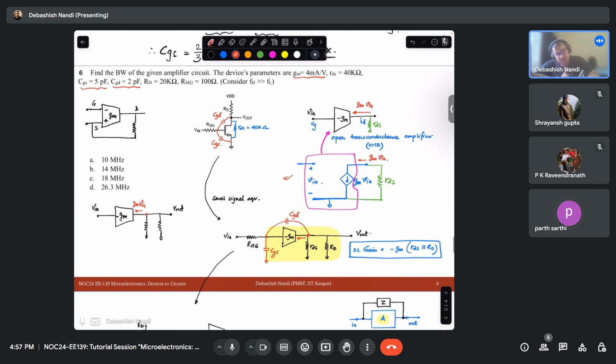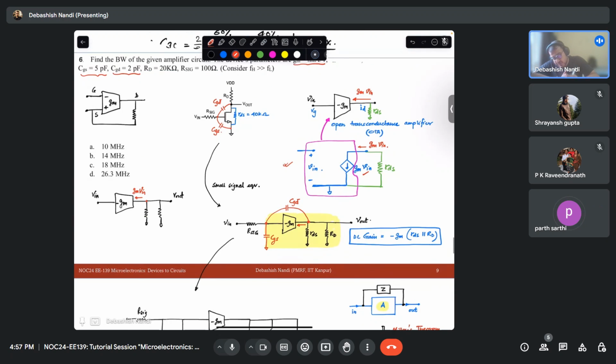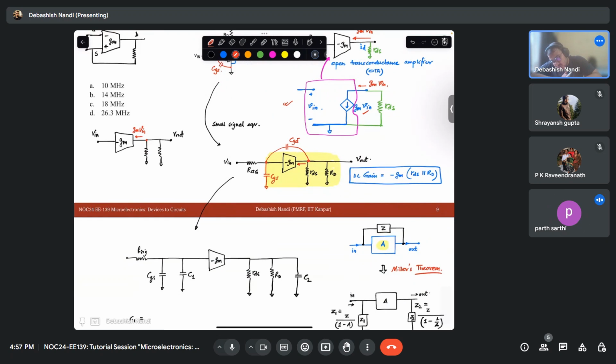We have discussed, no? Yes, sir. So this current is GM times V in. So this entire current is coming out of this parallel combination. If current was to come in this direction, this V out would be positive. But in this case, current is going out of this entire resistance.